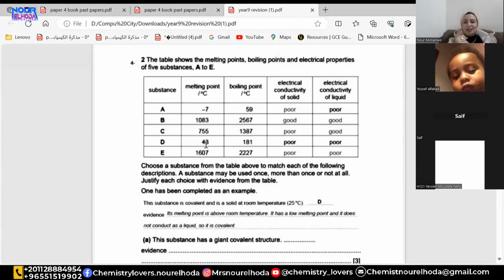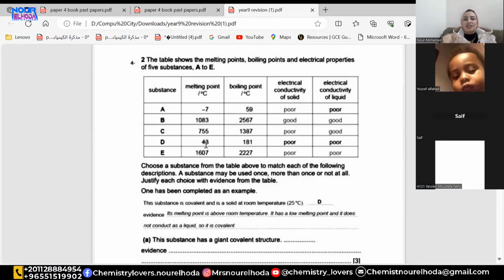He's saying here, this substance has a giant covalent structure. By the way, there is a question in paper 2 asking about giant covalent structure or the other word, macromolecule. If you see the word macromolecule, it's the same as giant covalent. Both are the same.